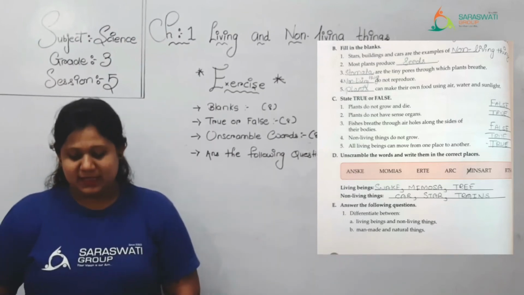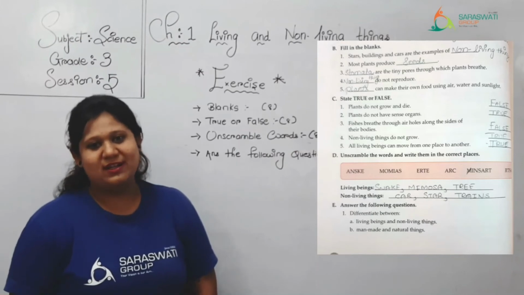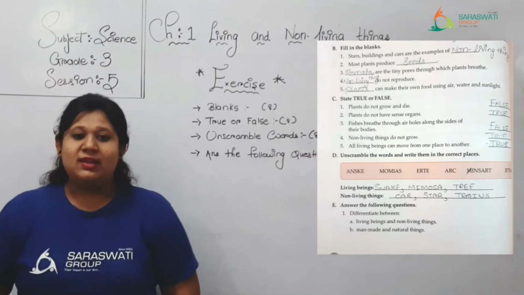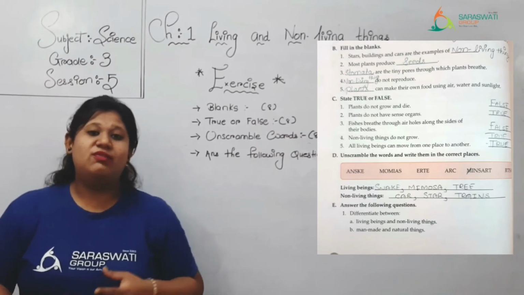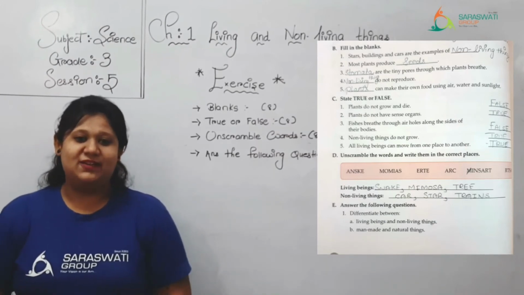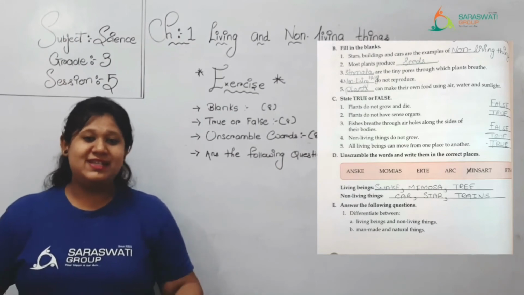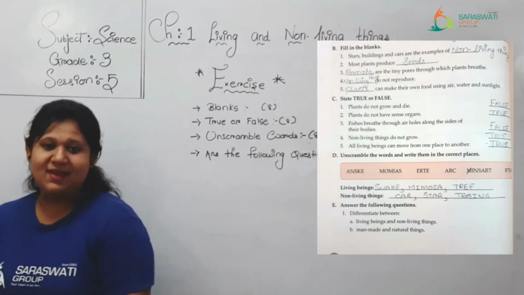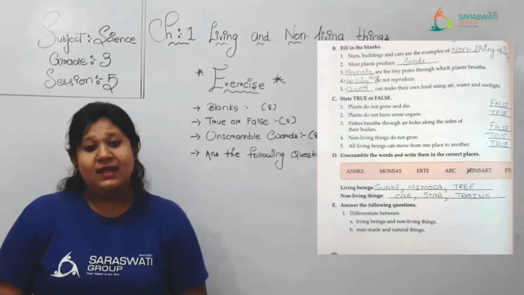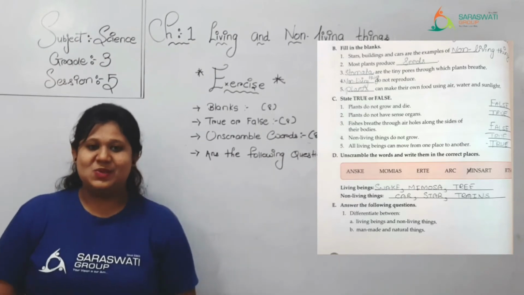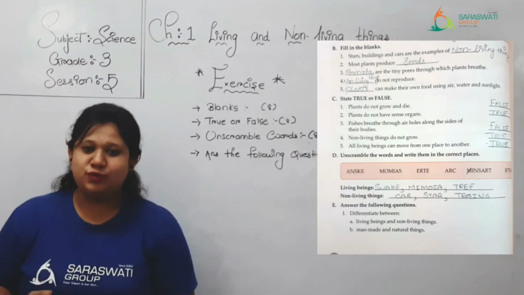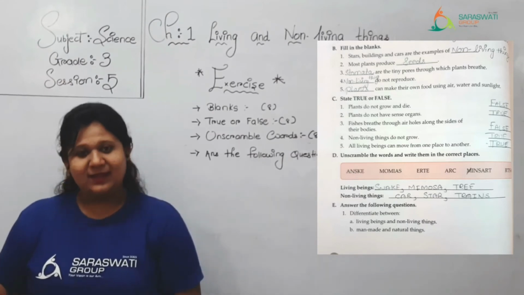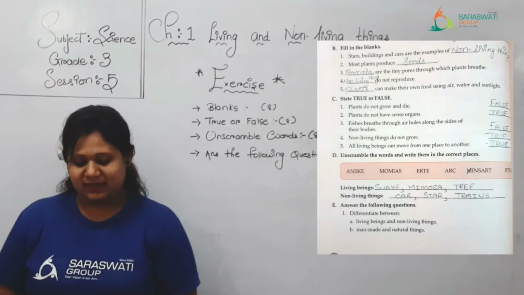Differentiate between living beings and non-living things. चलो. Here we have to explain differences of living and non-living things. तो कौन-कौन सा differences है living things और non-living things में? चलो, living things. They move from one place to another, right? Non-living things. They cannot move from one place to another, right? Now living thing.